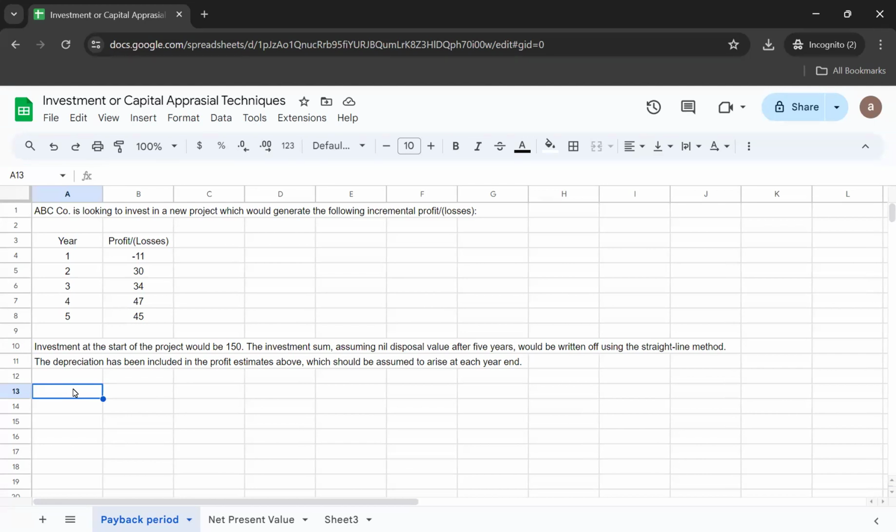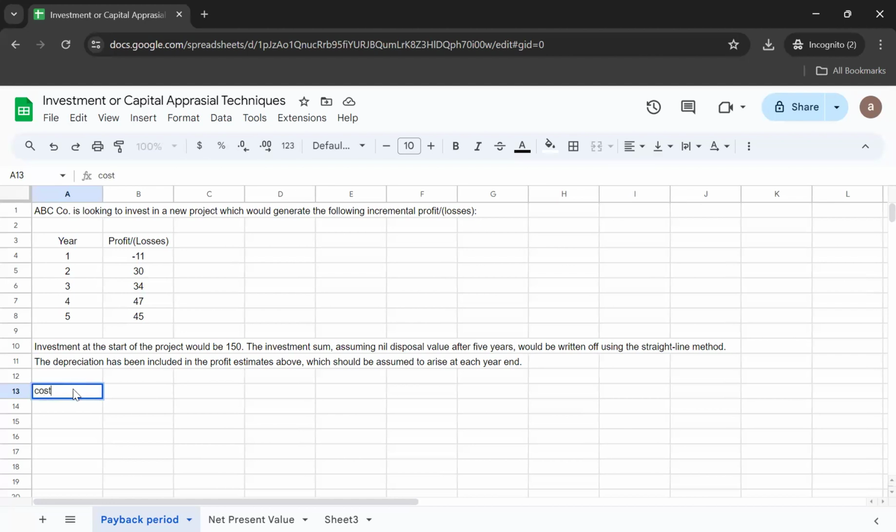This new project could also be an investment in a fixed asset. Maybe they're purchasing machinery which has a life of 5 years, and it's going to be depreciated over 5 years using the straight line method. The straight line method is very simple.